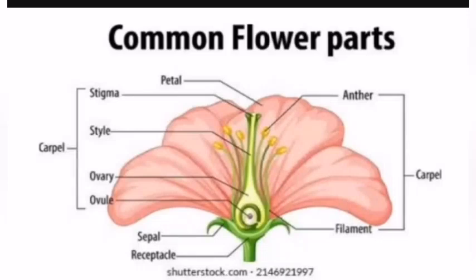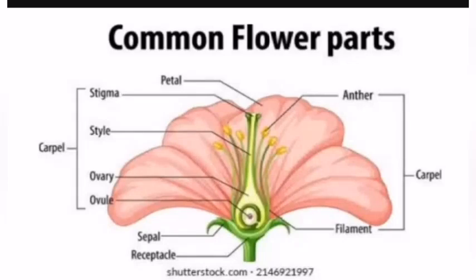Now, after the sepals and the petals, the next thing we are going to see is the male reproductive part of the plant, the stamen. The stamen includes two key parts. Number one, the anther, and number two, the filament.